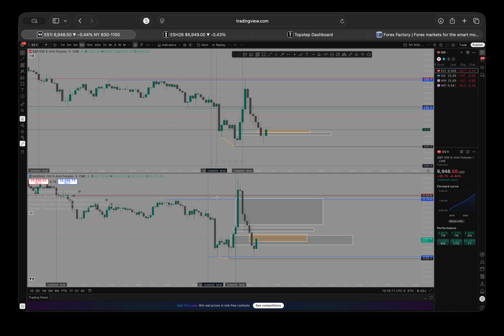SMT divergence on the 5 minutes being honored so far. And here it kind of honored this London low by not taking it out. So let's see how this candle closes. And then we might be able to take bullish up.